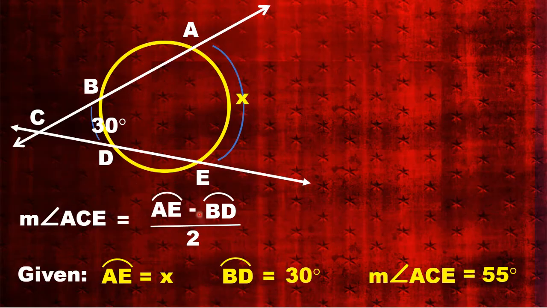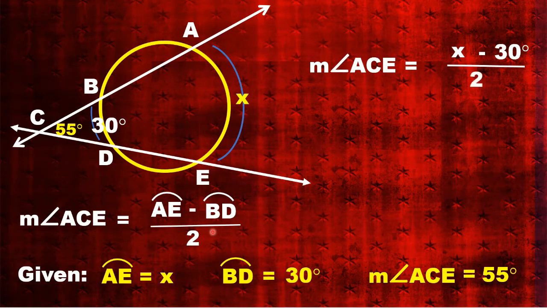Now, substitute na natin yung mga values dito sa ating formula. Measure of angle ACE is equal to AE, which is X, minus BD, which is 30, divided by 2. Pero, isn't it that the measure of angle ACE is given, and that is 55 equals X minus 30 divided by 2.